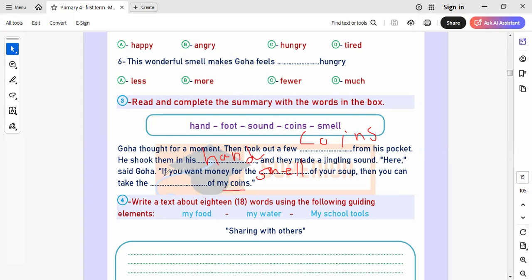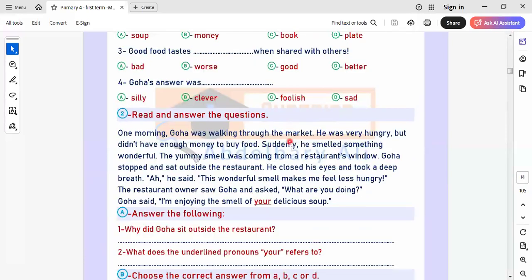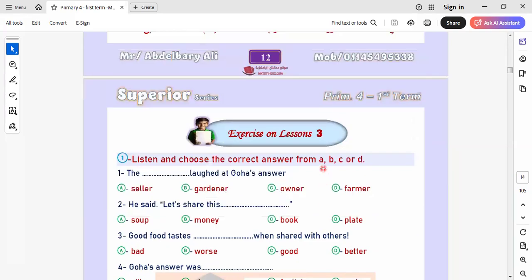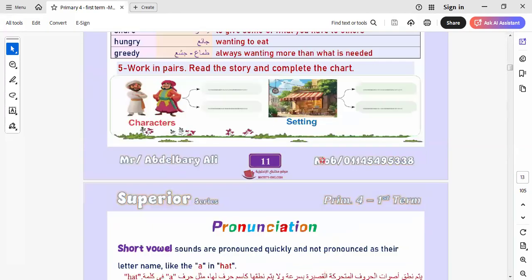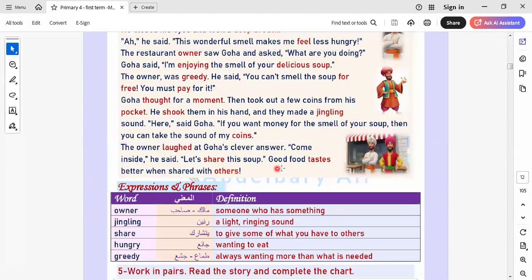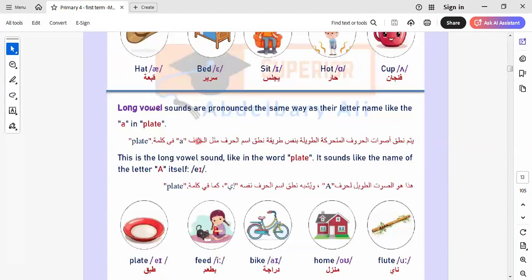Take the sound. I don't know how to take sound, but Goha is clever to do this funny thing. Okay, we say take the sound, the sound of the coins.